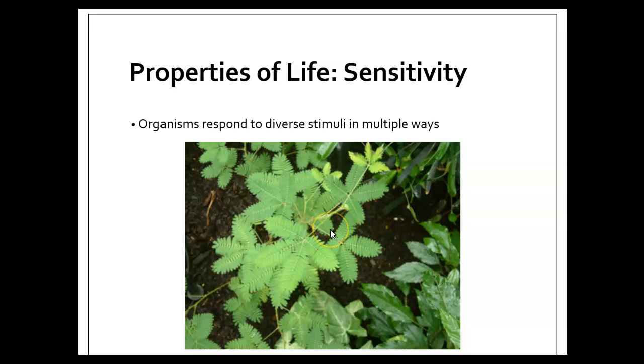This is a picture of a little portion of a mimosa tree. I love mimosa trees. You may know that you can do this trick, but you can actually touch the leaves in one spot on one of these little branches of a mimosa tree, and all the leaves will close up.